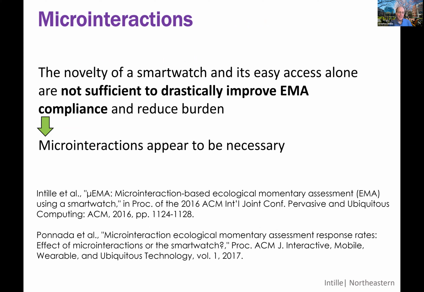So the bottom line on this is the completion and the compliance for the EMA remain reasonably steady over the course of the entire study, which looks confusing because it's 280 and 120, but that's because they did EMA 8 days a month and micro EMA the remainder days of the month. But you can see that they both drop a little bit, which is what you'd expect, but they're not plummeting.